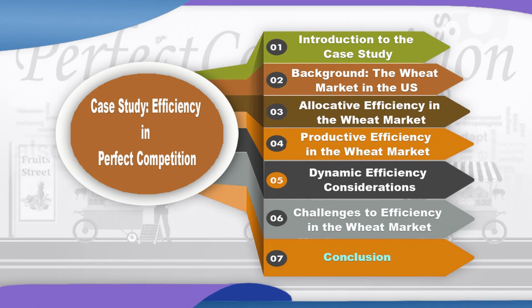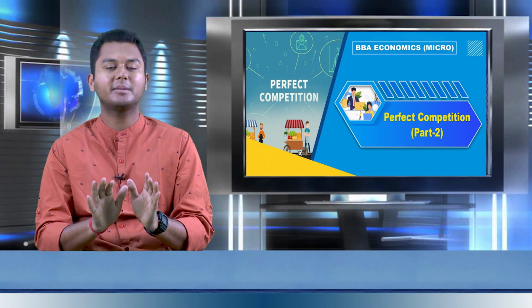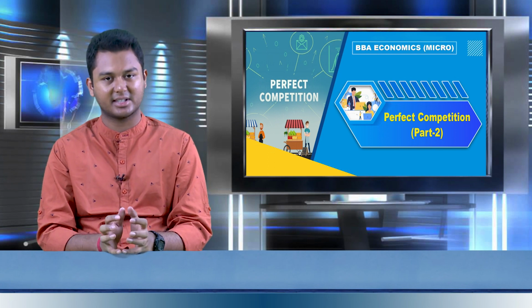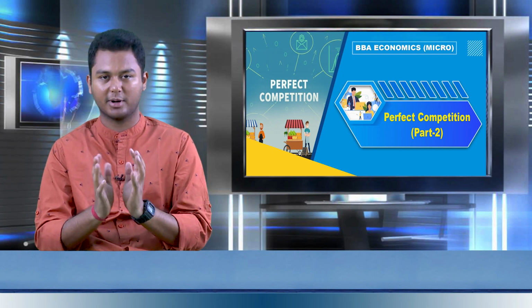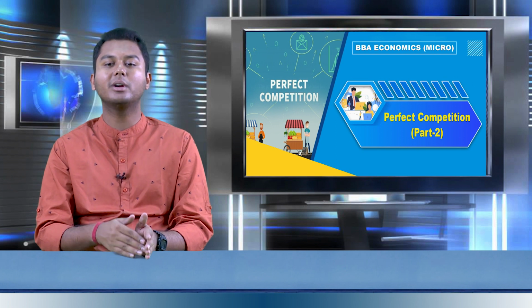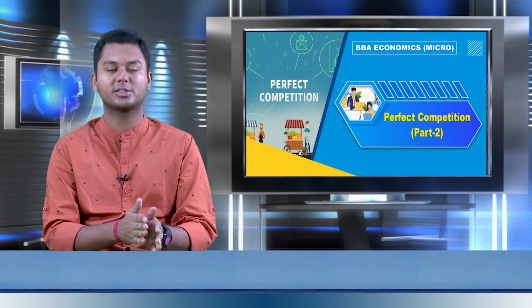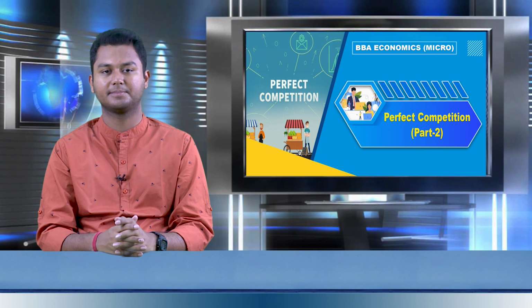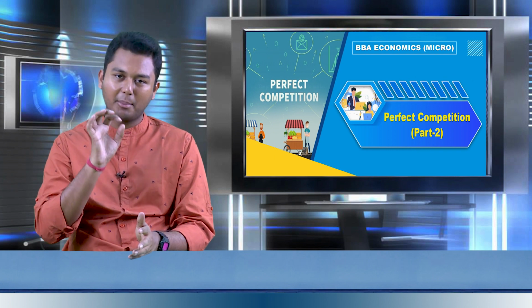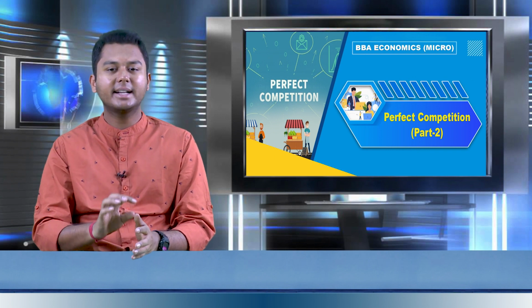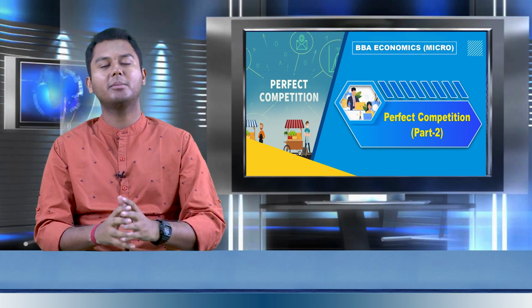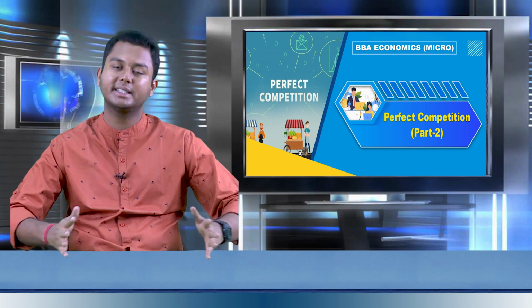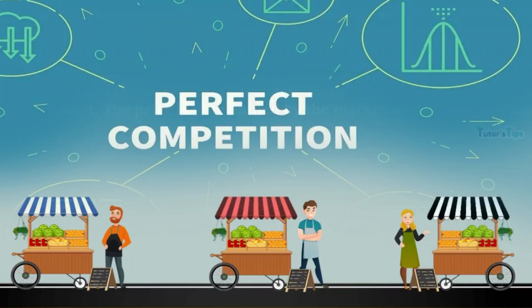So, if we conclude the analysis of this case, we can say that the wheat market in the United States demonstrates how principles of perfect competition lead to efficient outcomes in terms of resource allocation and cost minimization. While not a perfect example, it does provide valuable insights into the functioning of competitive markets.